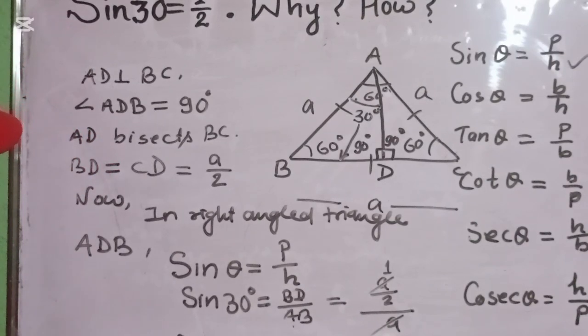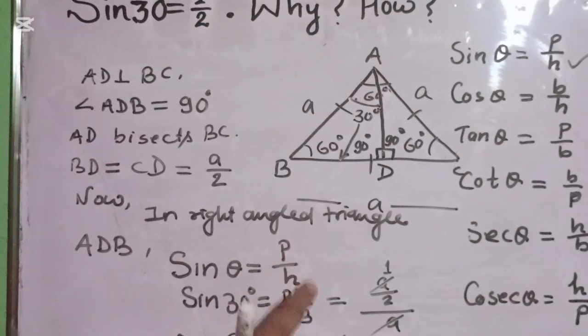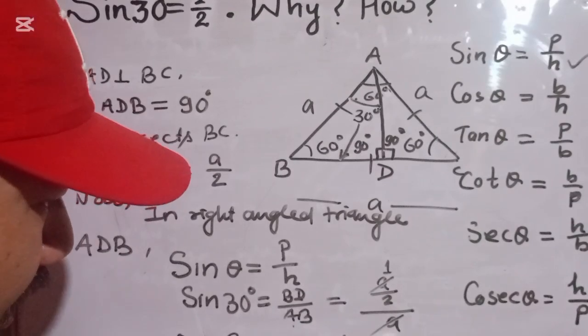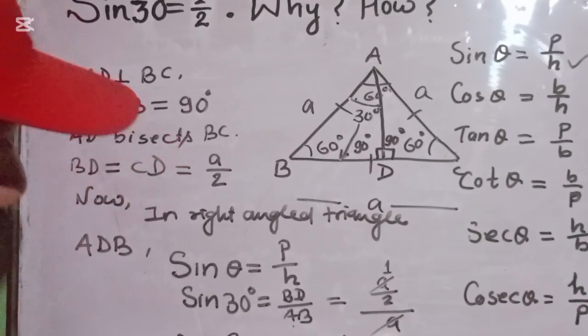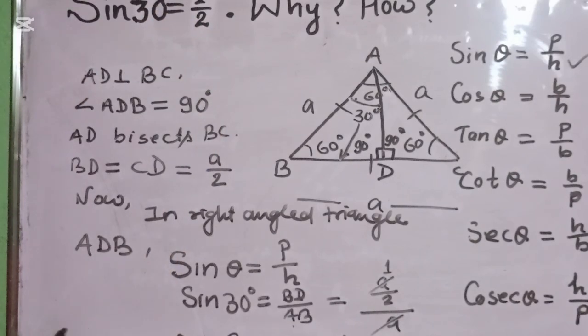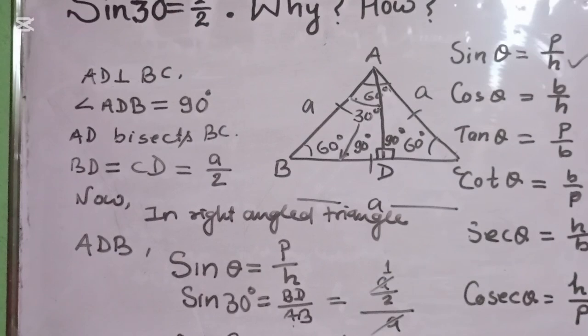Therefore sine 30 degree equals 1 by 2. This is the answer of why and how sine 30 degree equals 1 by 2.